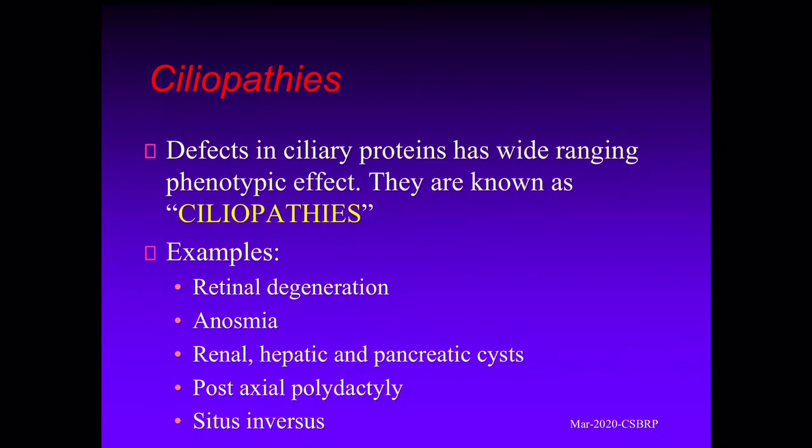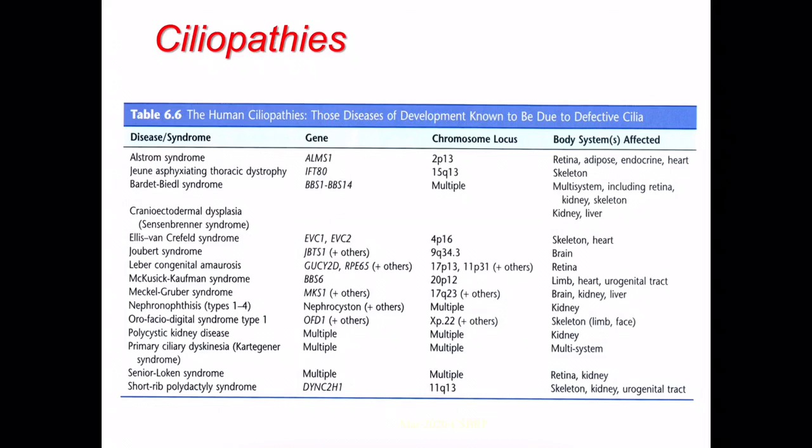So whenever there are defective ciliary proteins, they have wide-ranging phenotypic effects. They are known as ciliopathies. Examples of these ciliopathies include retinal degeneration, anosmia, renal, hepatic, and pancreatic cysts, postaxial polydactyly and situs inversus. And chromosomes and genes are associated with these.